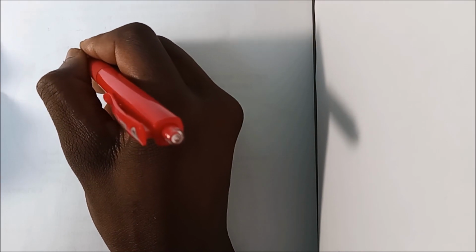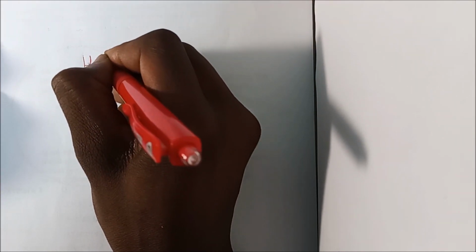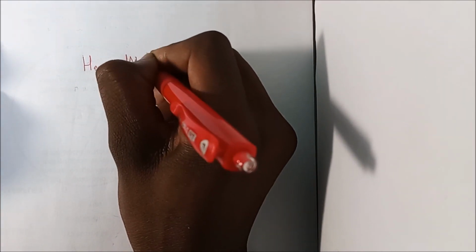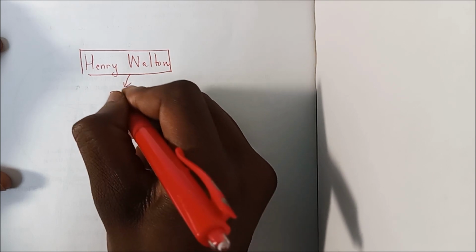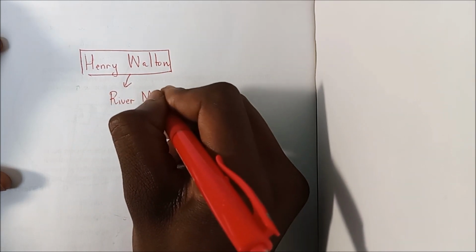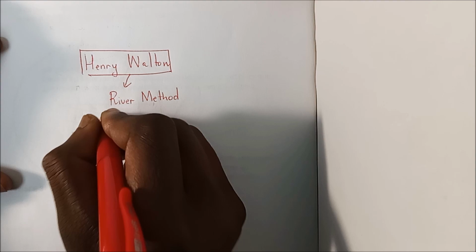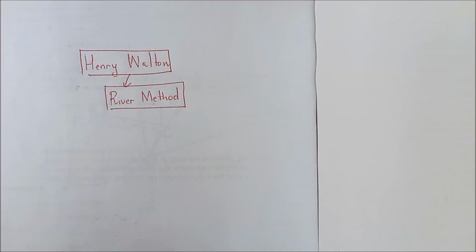I'm going to write it down. It's some sort of reference. Henry, I don't know if this is the spelling, but the name of the guy was or is Henry Walton. The guy came in that video talking about what is called the river method, and I want to write a book on this idea. But it's difficult to find Mr. Henry Walton.